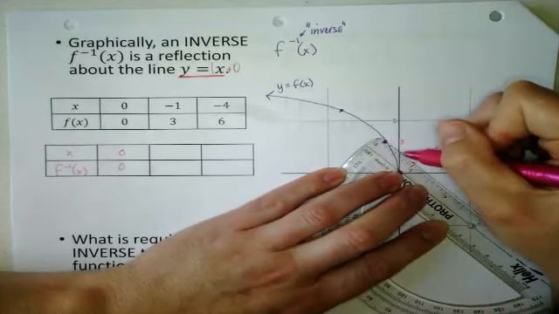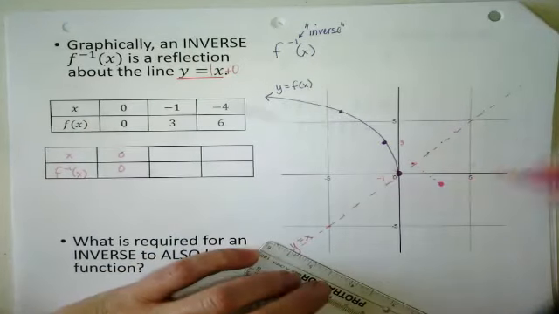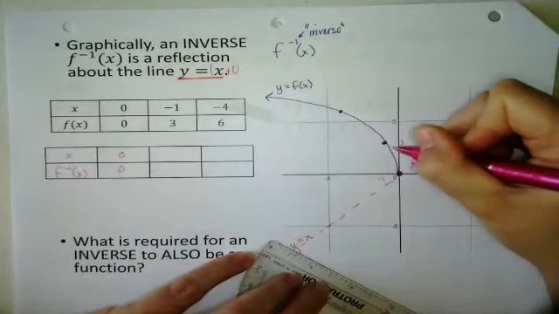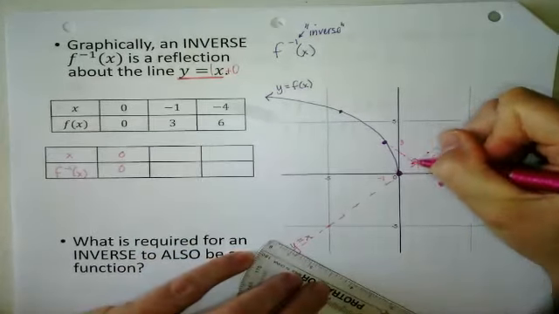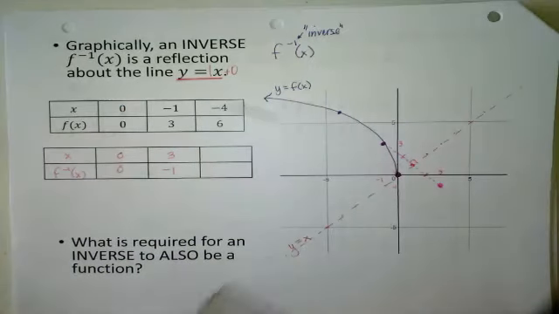So it gets reflected and it pops out right here. That's the same distance between the point and that line of reflection, and it's the same distance away from the line of reflection to its new point. And you'll notice this new point is actually at 3, negative 1. 3, negative 1. Well, what happened to those? Yeah, they just switched. Interesting.